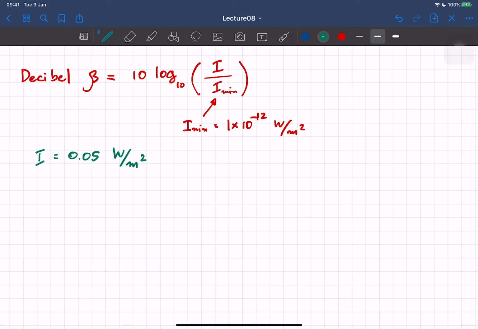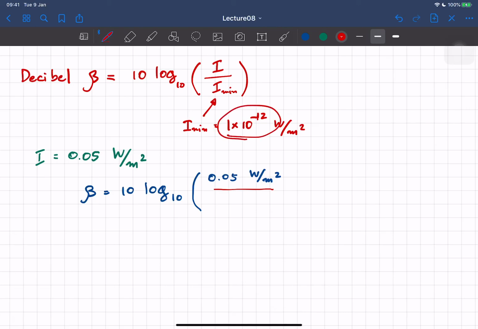Again, it's just playing with numbers. There's no physics law that you have to use or anything, right? It's purely calculation. So let's do that. Decibel beta is 10 times log base 10 of I, which is 0.05 watts per meter square, divided by our reference sound level, which is I min.